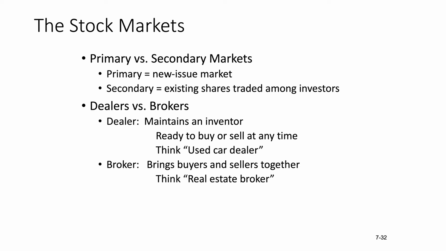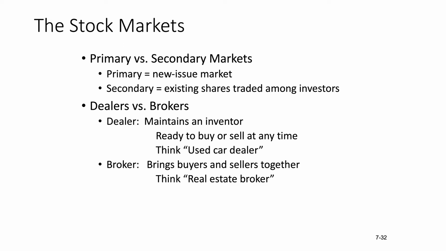The price they sold at in the primary market will be reflected on the company's balance sheet. After the IPO, the stock can be sold on the secondary market. The secondary market is where existing shares are traded among investors. So when we're talking about investing in stock, usually people are talking about the secondary market.